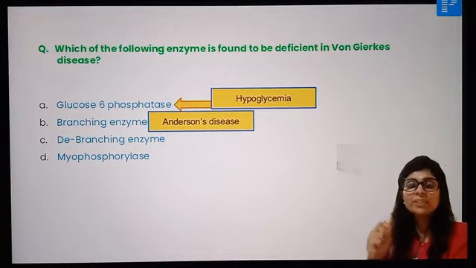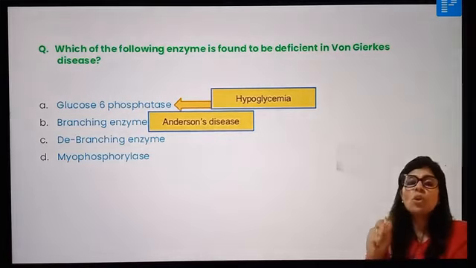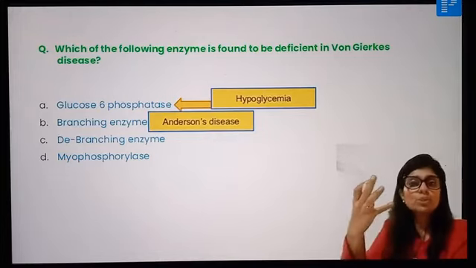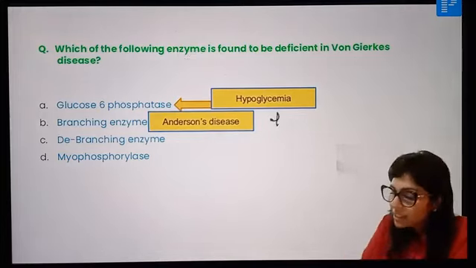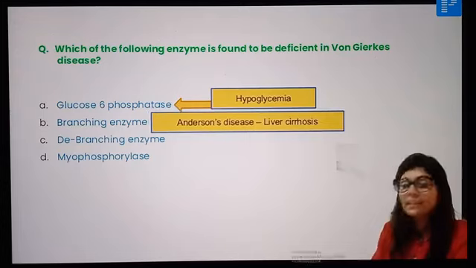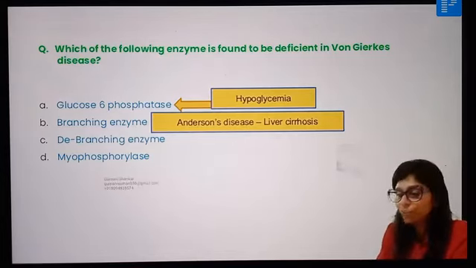The function of branching enzyme is to provide compactness to glycogen. When there is branching enzyme defect, glycogen will not be compact. So a non-compact glycogen accumulates in the liver, causing liver enlargement. So Andersen's disease will present as hepatomegaly and as liver cirrhosis, because in this case a non-compact glycogen accumulates in the liver. Very good.